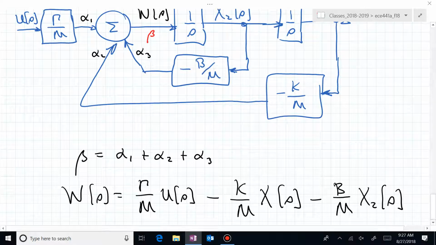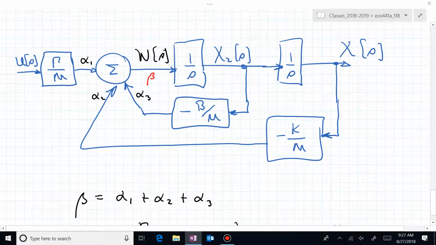We just want X's and U's as variables so that we can now find the ratio of X over U to find the transfer function. If we look at our block diagram, you can see a relationship between those quantities. Do you see that X sub 2 you can now write as W in some way?